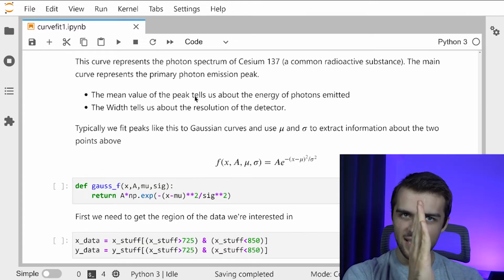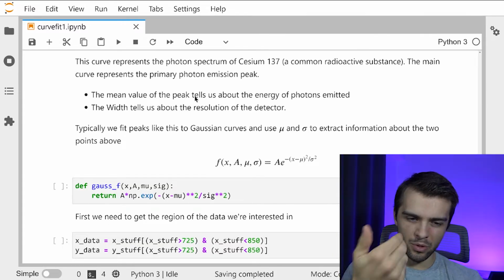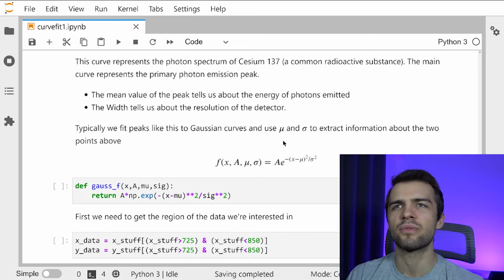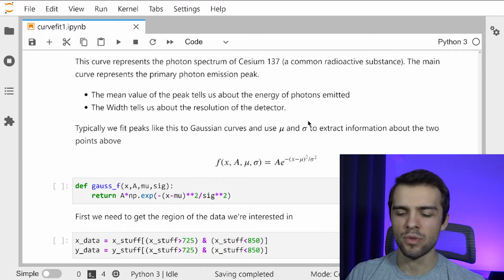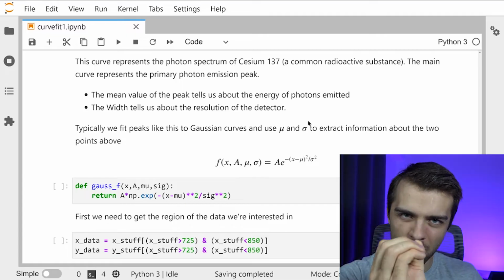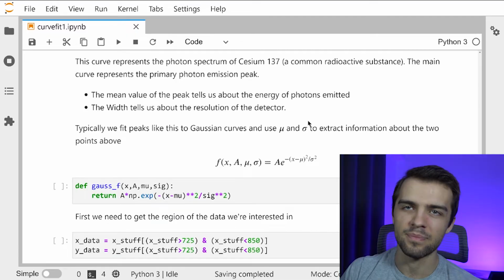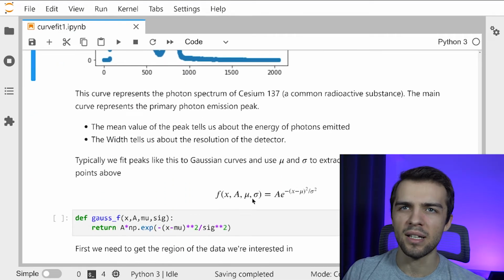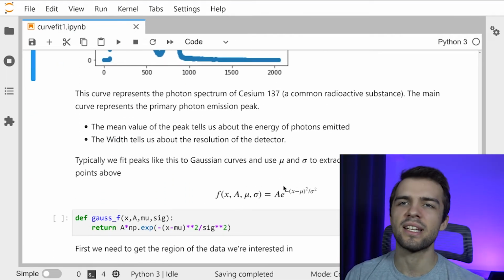If I fit a Gaussian and I take the center, on average, it will get the thing correct. And the width is the resolution of the detector. And so the perfect curve for that is a Gaussian curve. And we're going to use mu and sigma to extract information. So you can see that we're using curve fit to get parameters that give interesting information. In this case, mu tells us what the energy is, and sigma tells us about the resolution of the detector.